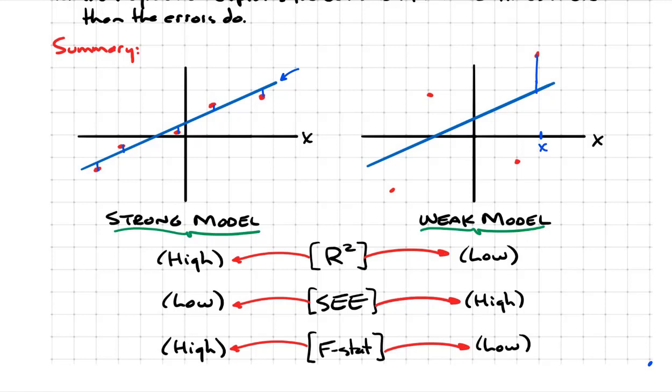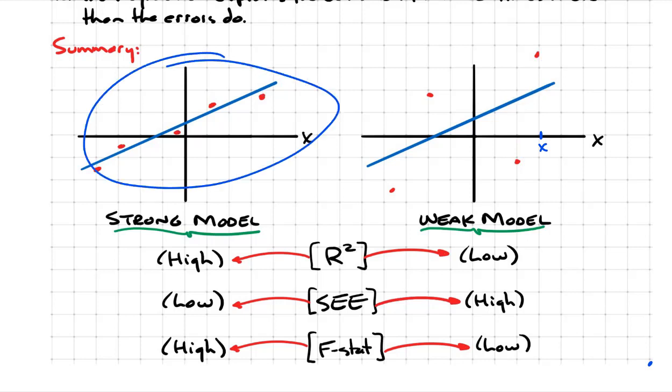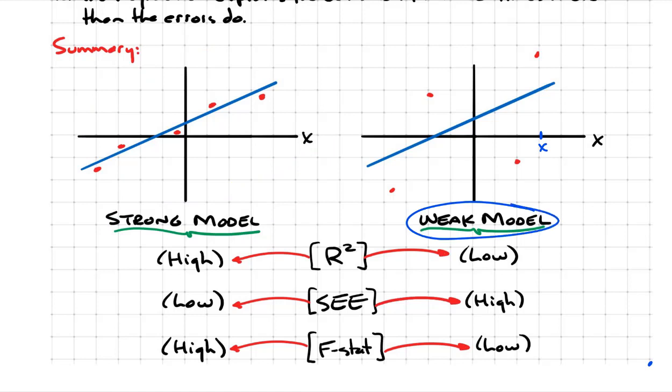For example, when X was here, the regression estimated Y to be there, but the actual value for Y was far off. Same thing here on the downside. When X was there, this is even worse. The model would have forecasted Y to be there, but the actual observation for Y was all the way down here. So right off the bat, before looking at any of the metrics, we can see that this is the better model. It's the stronger model. It's more significant. And of course, this would be the weaker model.